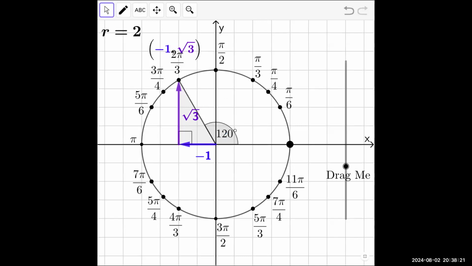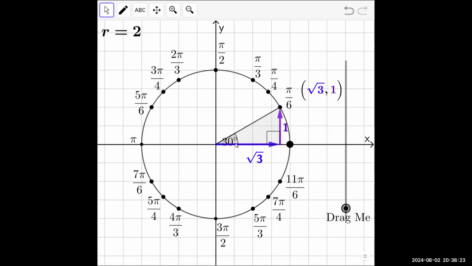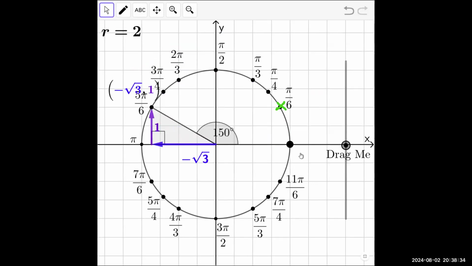Now, let's go back. Let's drag it back to 30. Notice the 30. I'll just make a cross. Then drag it forward to 150. I'll make a cross. Symmetrical, same perpendicular, same two blocks or same 1 unit height. This angle here was 30.